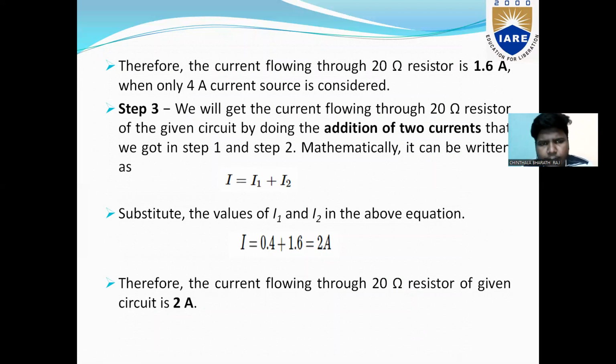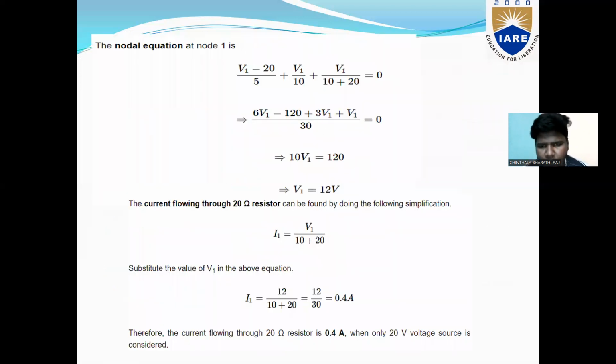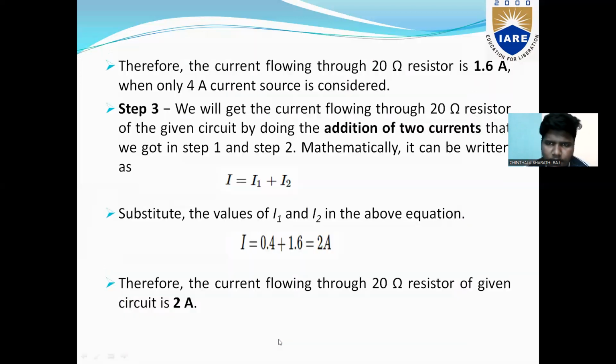Now, step 3. We get the current flowing through the 20 ohm resistor of the given circuit by adding the two currents that we got in step 1 and step 2. Mathematically, it can be written as I equal to I1 plus I2, that is 0.4 plus 1.6, which is 2 amperes.